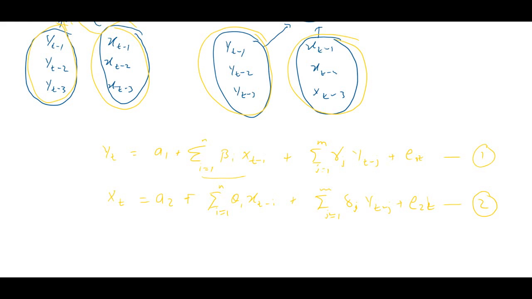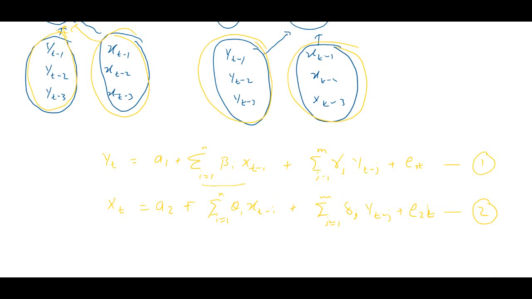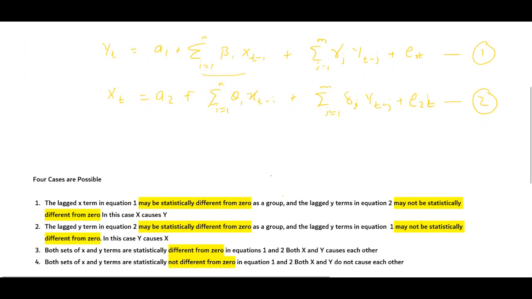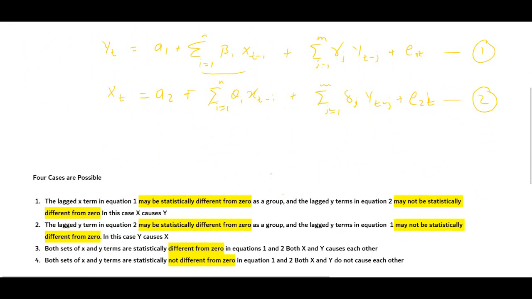Now 4 cases are possible. Let me explain these 4 cases. The first case is that the lagged x terms in equation 1 may be statistically different from 0 as a group, and the lagged y terms in equation 2 may not be statistically different from 0. Let me show you in the equations.